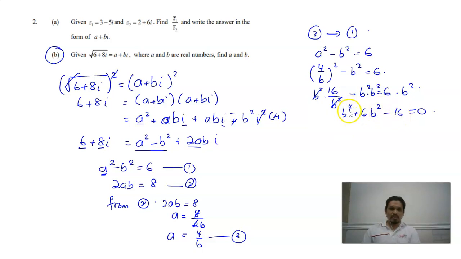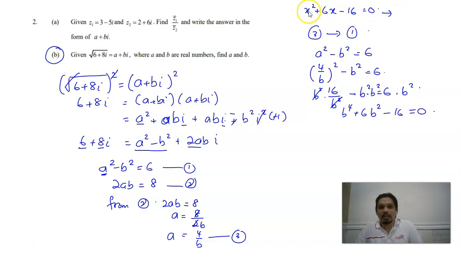This power of 4 is not quadratic, but then we can use the quadratic pattern to solve or find the value of b. Just imagine that if I change it into x squared plus 6x minus 16 equal to 0.